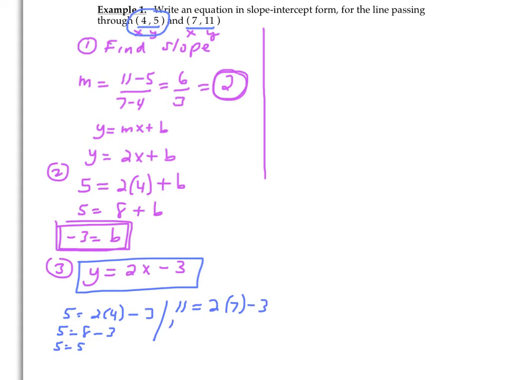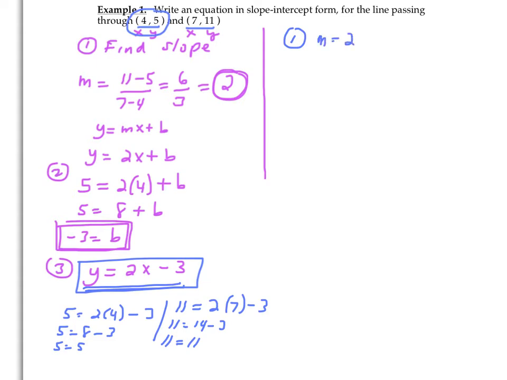If we test it with the other point, we're putting 11 in for y. So 11 equals 2 times x, well 7 is our x value, minus 3. So 11 equals 14 minus 3, or 11 is equal to 11. And that's a true statement, so therefore y equals 2x minus 3 is definitely the equation of the line that goes through those 2 points.